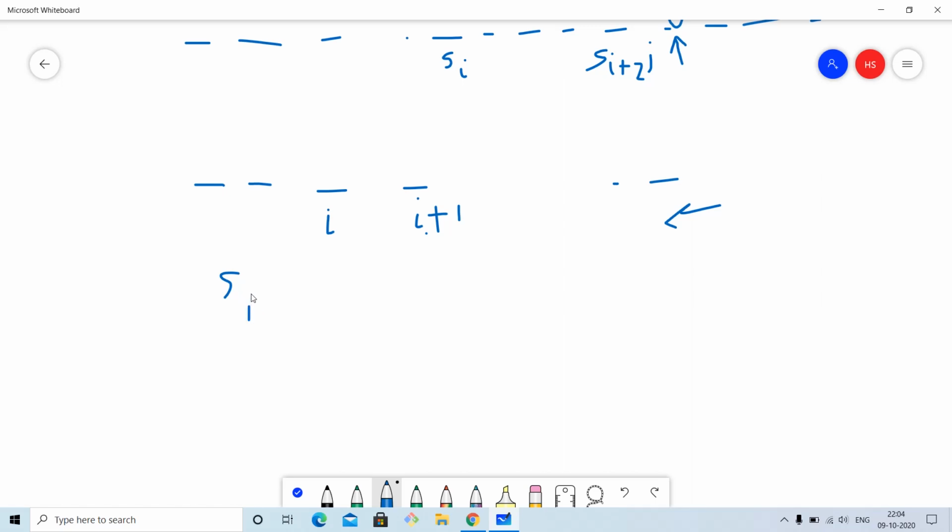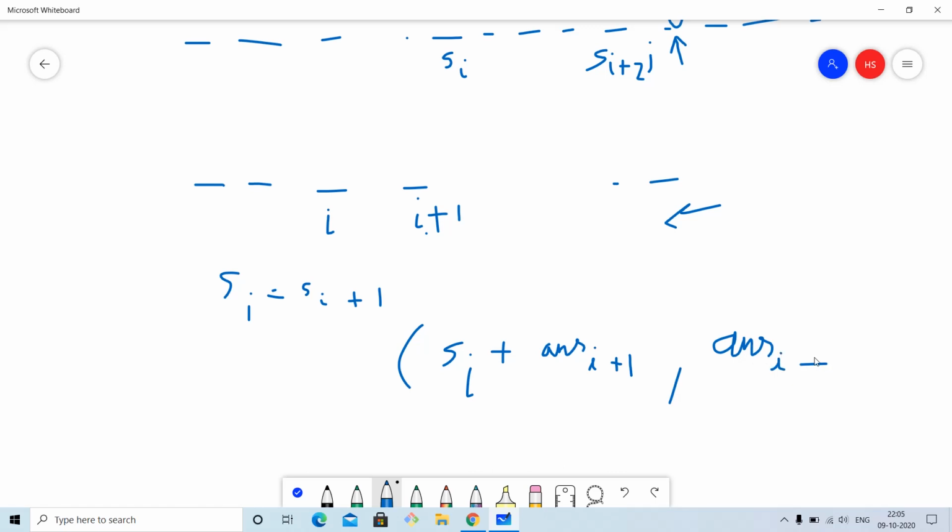If Si and Si plus 1 are equal, in that case the answer will be either Si plus the answer of I plus 1, which means that we are keeping the character at the position I and not removing the characters si and si plus 1, or, if that is not smaller, then the answer will be removing these characters si and si plus 1.